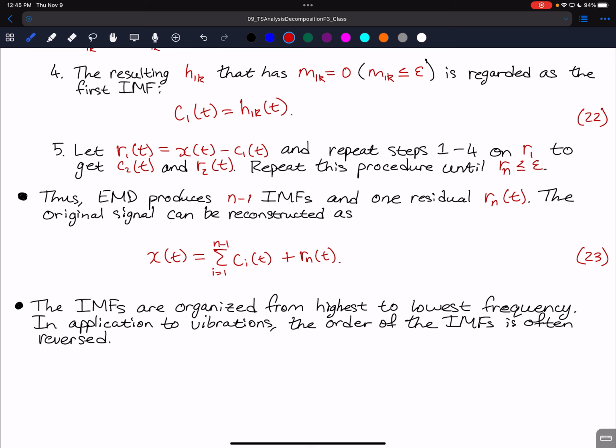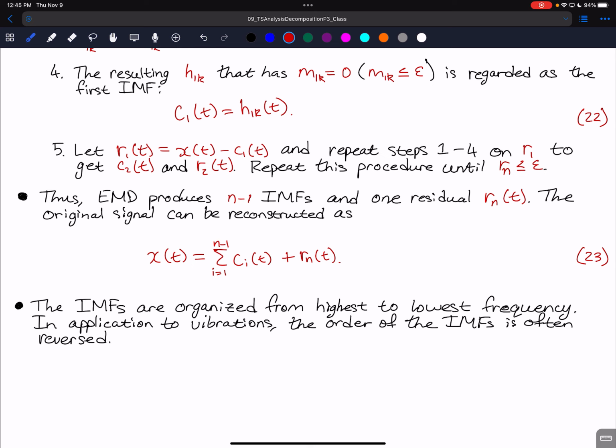All right, so on the next page, I have just some example figures showing, in this case, we're looking at A. At the top is our original signal. Beneath that is an example of this upper envelope and this mean value, and the lower envelope. You can see here how this mean value is not 0 everywhere.